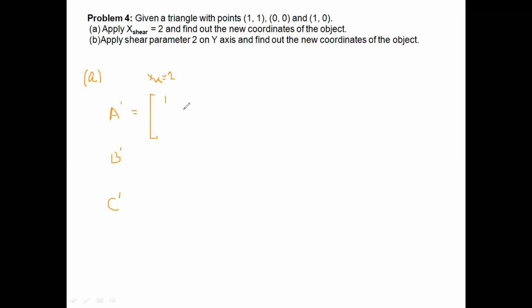So what will be the matrix? 1 1 1 0 0 and 0. Here you will put the value 2. Okay, and we are not shearing any value over here, so we'll put 0.